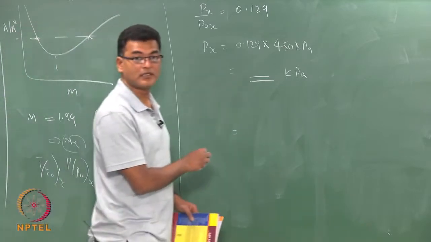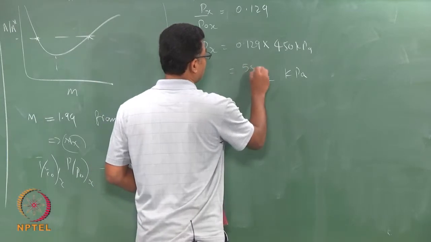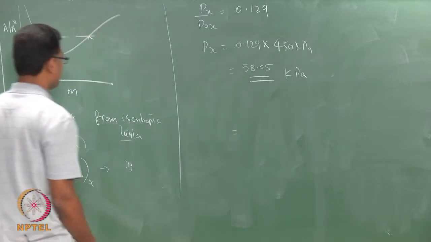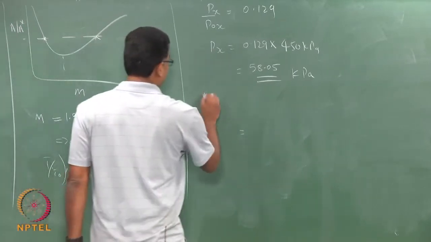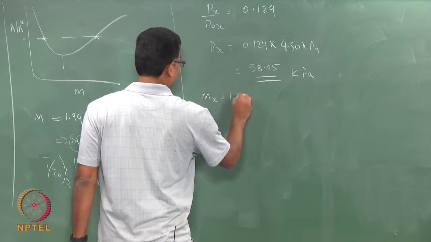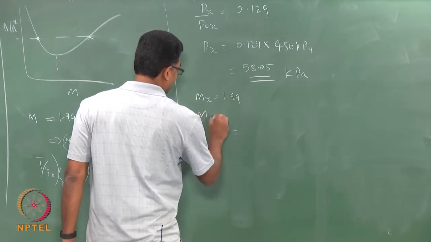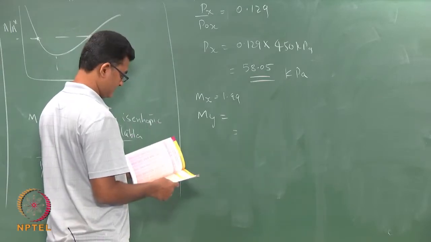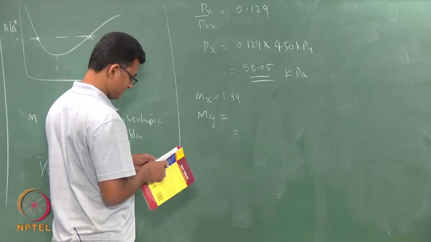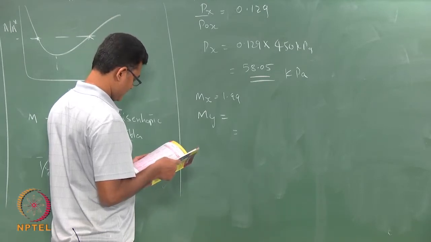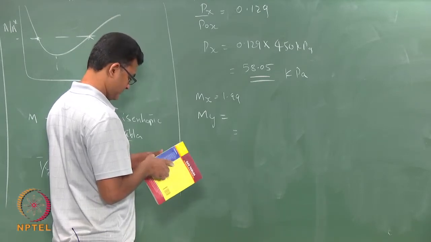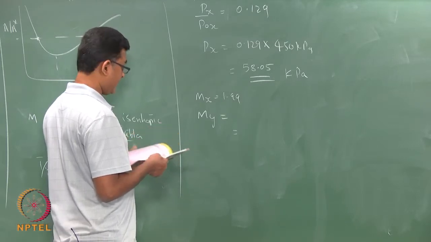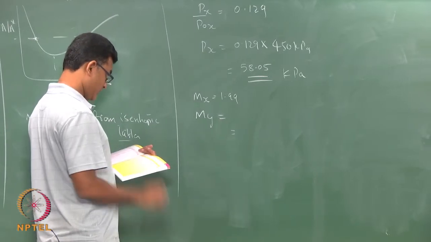How much? 58.05 kilopascal. Okay. So, now I have Mx, which is 1.99. So, I look at my shock tables to get My, at 1.99. 1.99 is not given in the shock tables here.